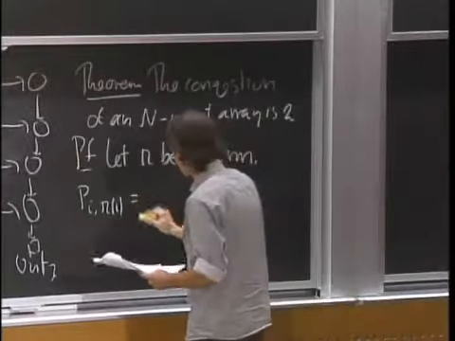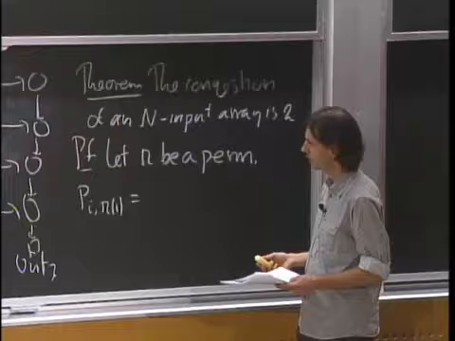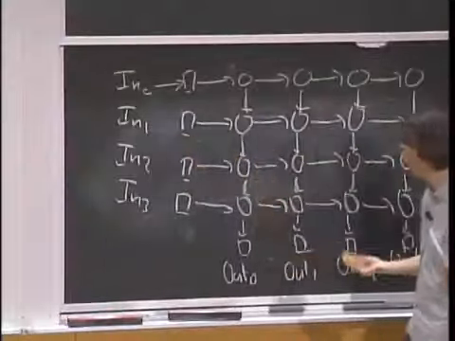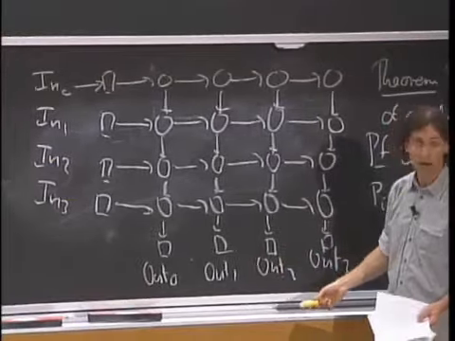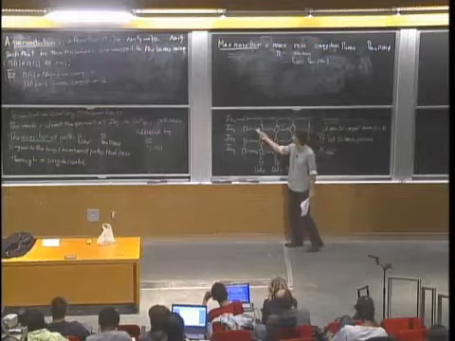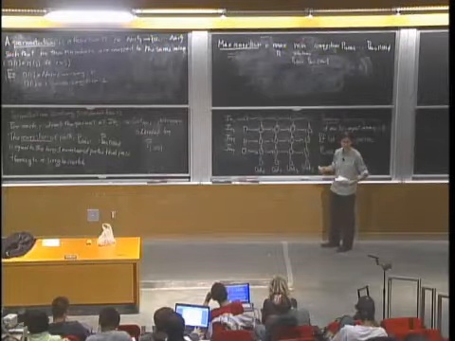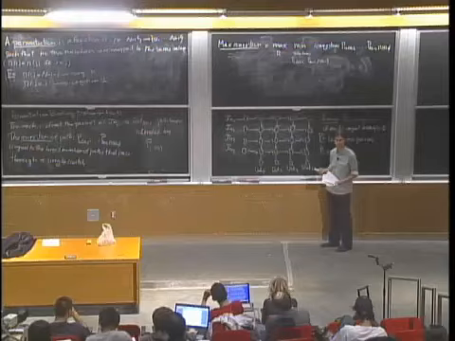So the way to do this is, well, maybe you have an idea already. How would I route this? I want to connect an input i, say 1, to output 2, for example. How can I do this? Any suggestions? Of course I could go any path, but somehow I want to have some uniform structure that hopefully helps me to prove that the congestion in every switch is very small. How could I think about this?